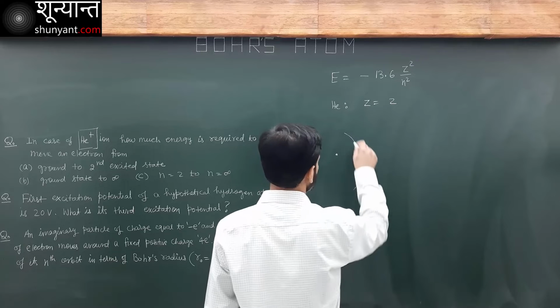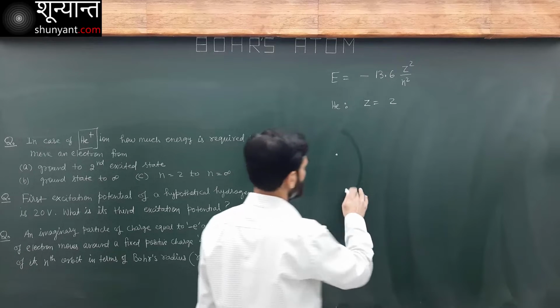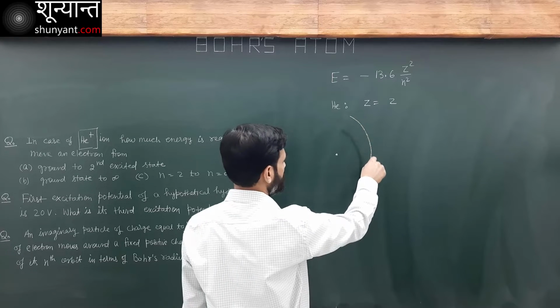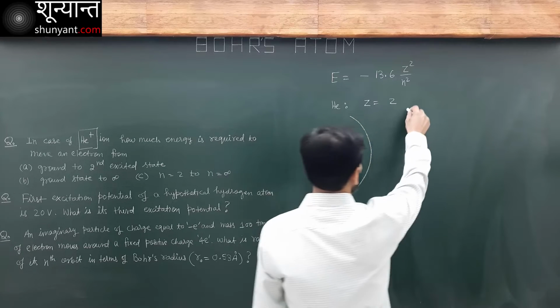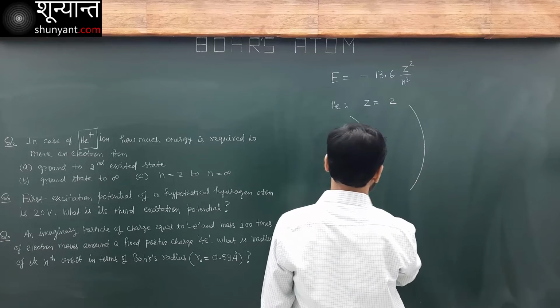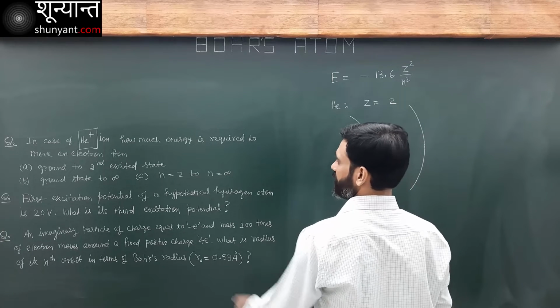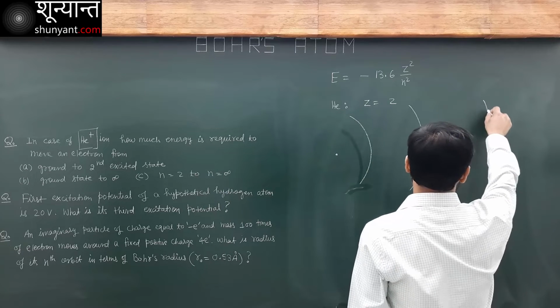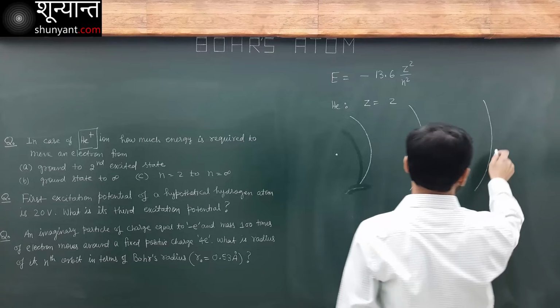And some very important terms we are going to use and define here. So you have to do it very, very carefully. The second orbit here, second, third and all that. Let's say that this is infinity.